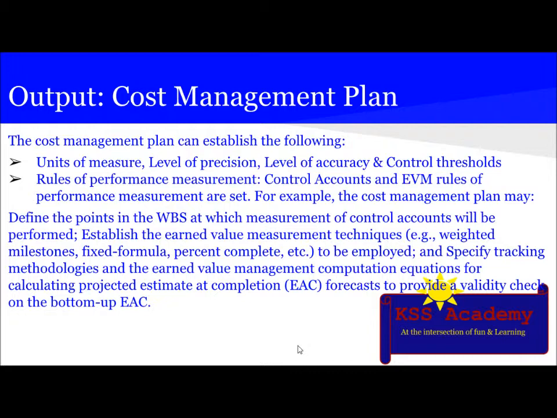The cost management plan can establish the following: a unit of measure, level of precision, level of accuracy, and control thresholds. Under the level of accuracy, rounding is used. If the cost is $100.99, then we can write it as $101.